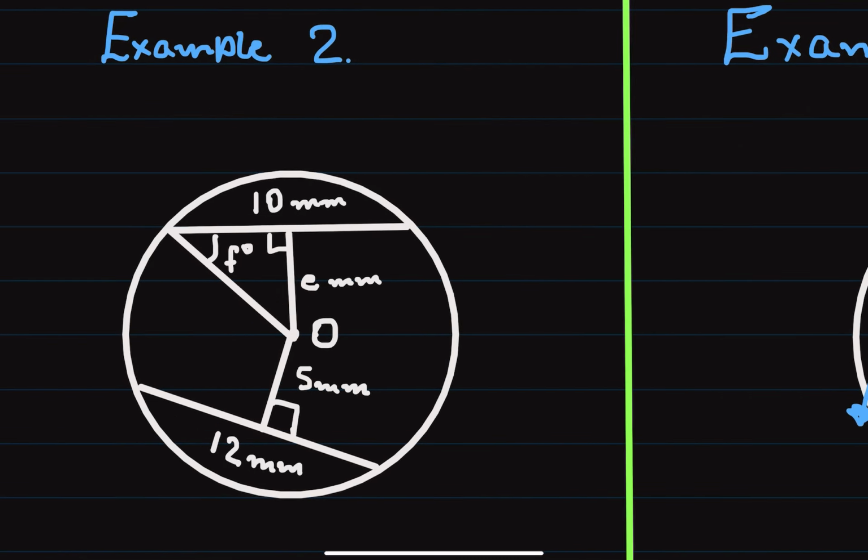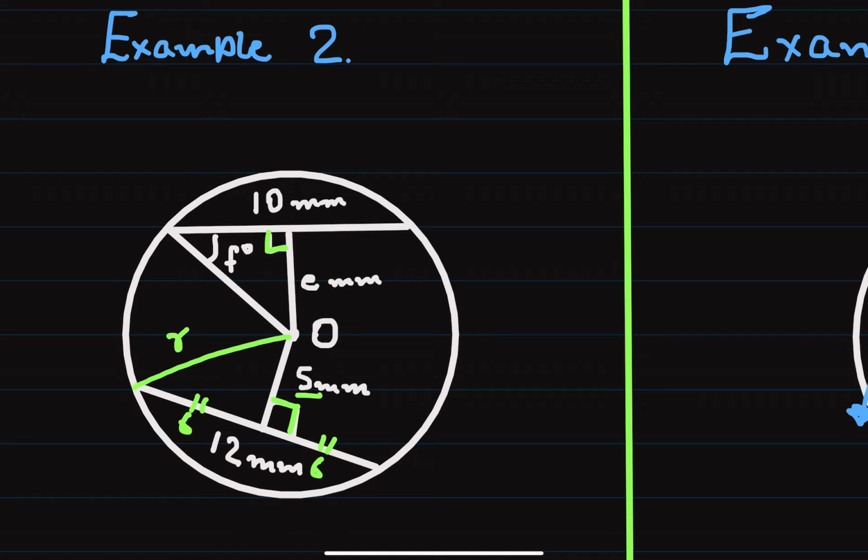In this example, we can see that there is a 90-degree angle, right? If there is a 90-degree angle, that means it will bisect the chord. Then this would be 6, this would be 6, and this would be the radius, right?